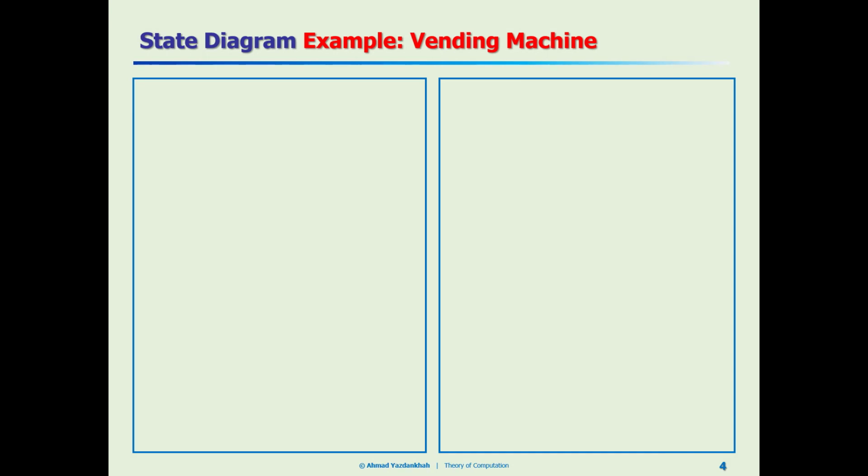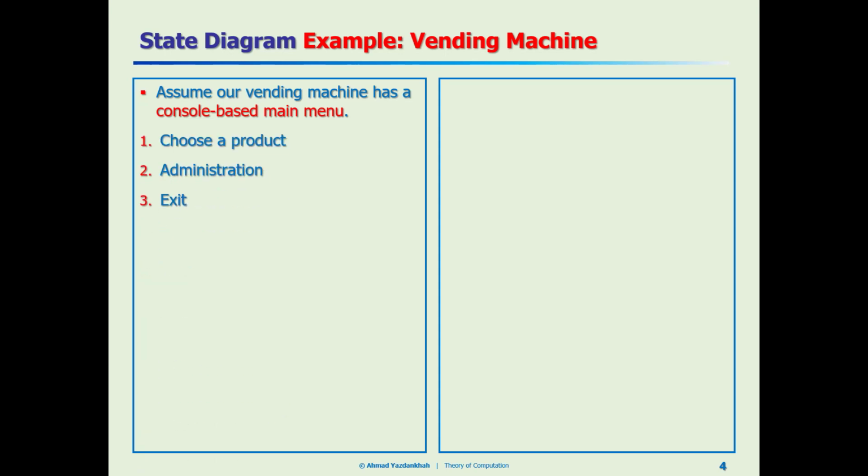In this demo, we again have a vending machine, but we are going to simulate a console-based menu. Let's assume that the main menu has these three options: choose a product, administration, or exit.